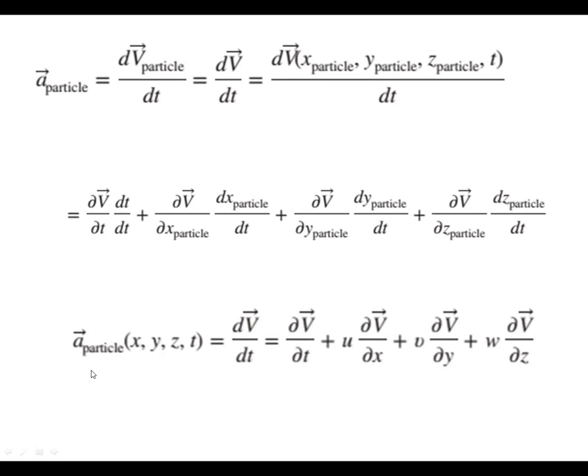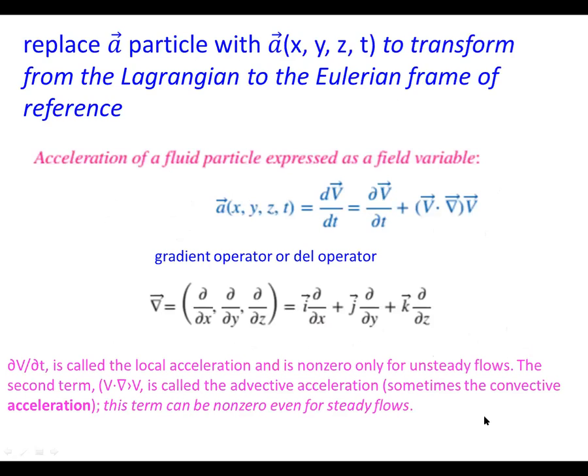So the acceleration of the particle is given by dv vector by dt equal to dou v vector by dou t plus u dou v vector by dou x plus v dou v vector by dou y plus w dou v vector by dou z. So the acceleration of a fluid particle is expressed in terms of field variables.